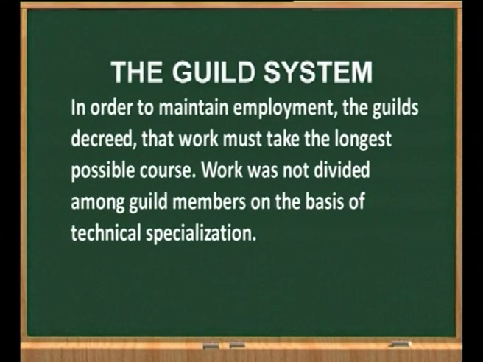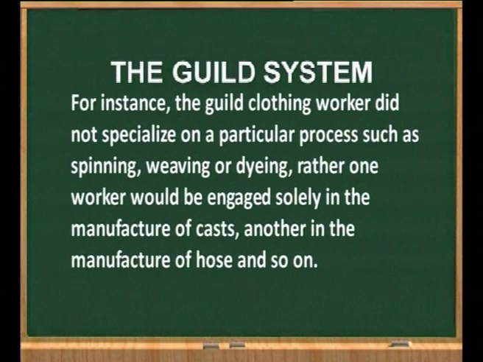In order to maintain employment, the guilds decreed that work must take the longest possible course. Work was not divided among guild members on the basis of technical specialization. For instance, the guild clothing worker did not specialize on a particular process such as spinning, weaving or dyeing.